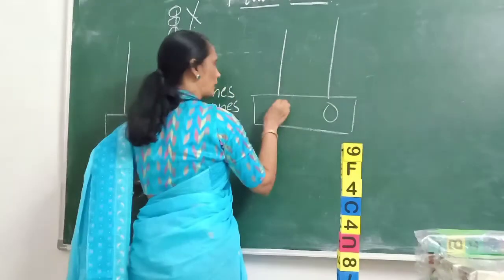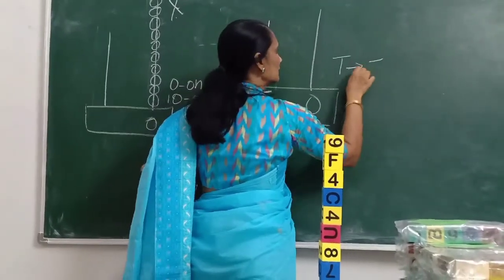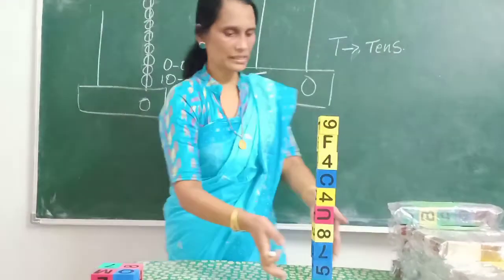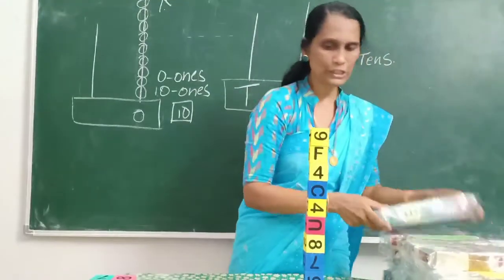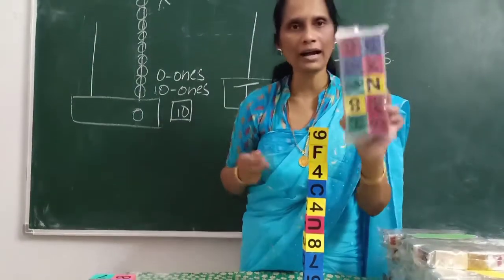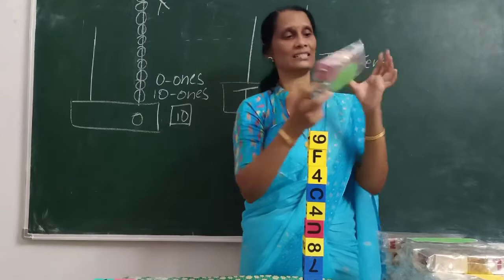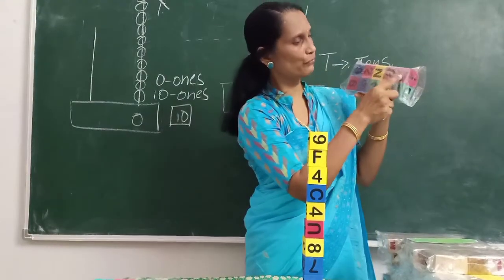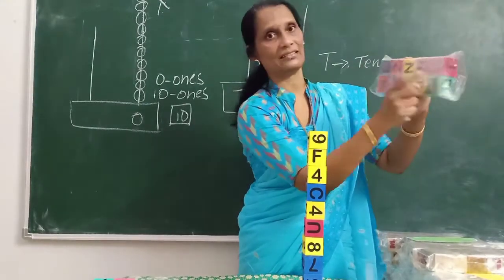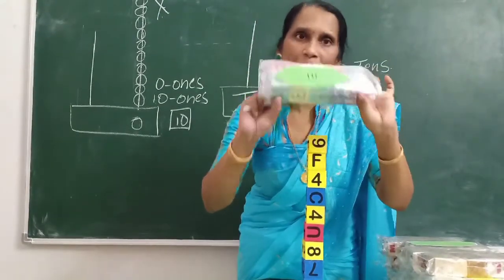O means ones and T means tens. What is the meaning of T? Tens. See here, 10 ones are there. Instead of these 10 ones, I am going to show you one block which contains 10 blocks. 10 units, 1, 2, 3, 4, 5, 6, 7, 8, 9, 10. 10 units means single pieces. 10 single pieces are packed up in this bag.